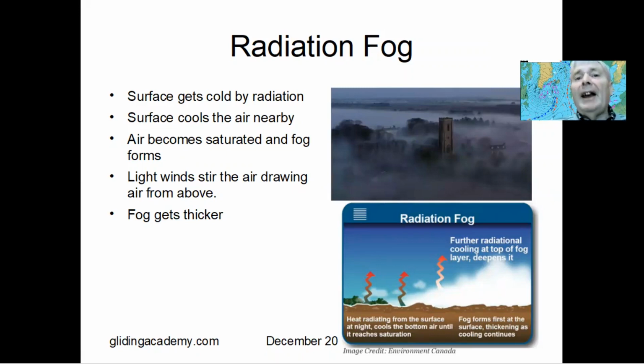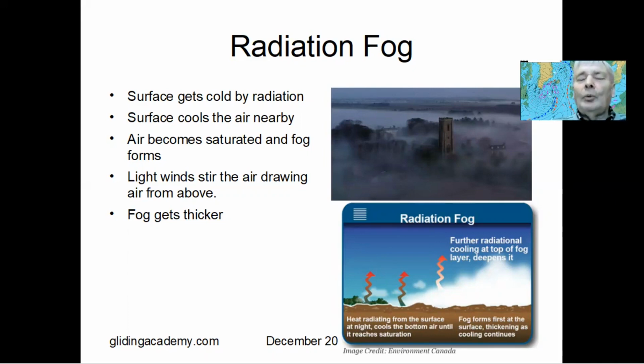And because we have a light, very gentle wind, somewhere between 3 and 5 knots typically, then that air is stirred up and the lower air is replaced by upper air above it, and slowly but surely the fog gets thicker and thicker. And you will have seen this, if you're perhaps driving early in the morning, you can see the first wisps of fog, and then as your journey progresses, so you watch that fog actually getting thicker.